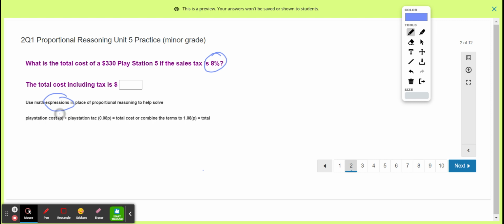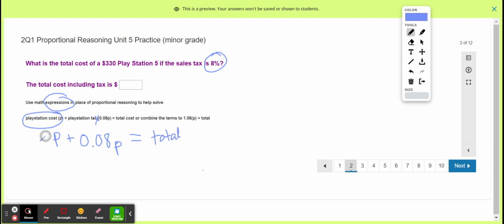So if we look at the PlayStation cost and represent it with the variable P, and then the PlayStation tax, which would be represented by multiplying the cost by 0.08, and that would equal the total cost, putting them both together.